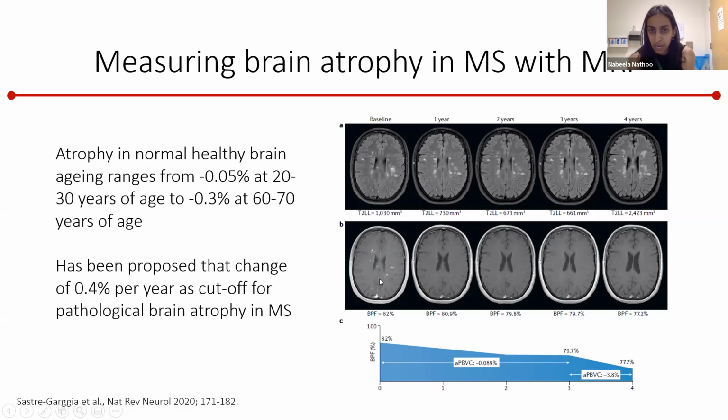Then if you look at BPF, or brain parenchymal fraction, in panel B from baseline up to 3 years, again, it's not too bad, but between year 3 and year 4 they've lost 2.5%, and their T2 lesion load from year 3 to year 4 has also gone up substantially. So I think it's a very important area for us to spend more time on.